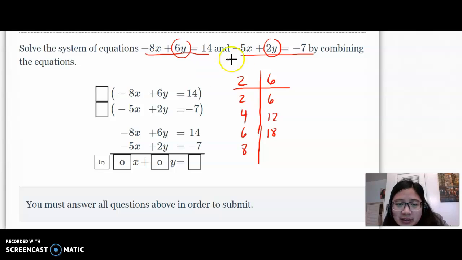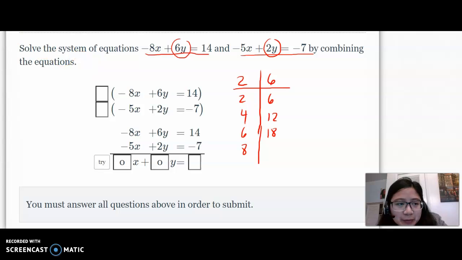So what you want to do is just to identify the variable you want to get rid of. I decided to go with y's, and right now I just wrote out the multiples of the 2 and the 6 because those are the numbers in front.